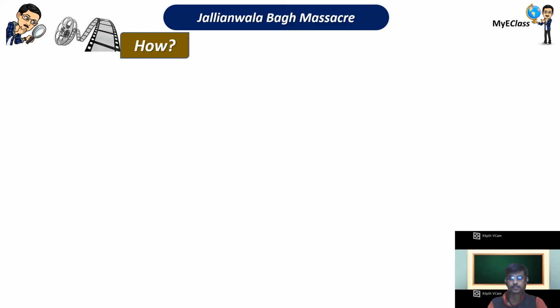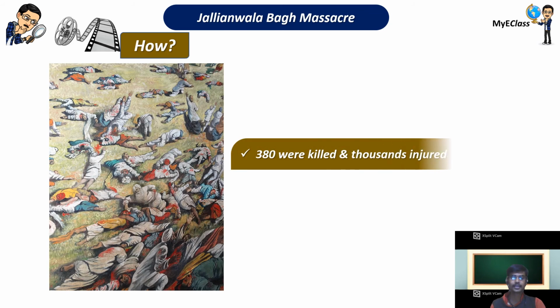The people who gathered at Jallianwala Bagh Park had no intention of creating unrest, and they did not possess any weapon. Still, the British punished them by opening fire, and this cruel massacre led to the death of 380 innocent people and thousands of people injured.